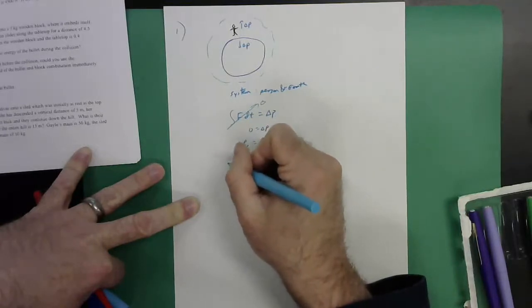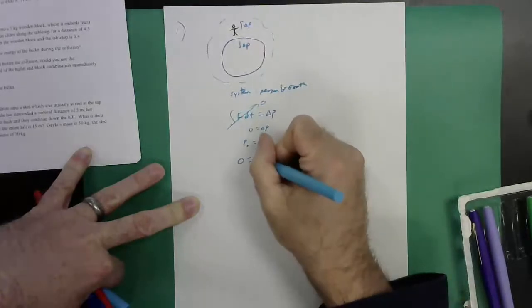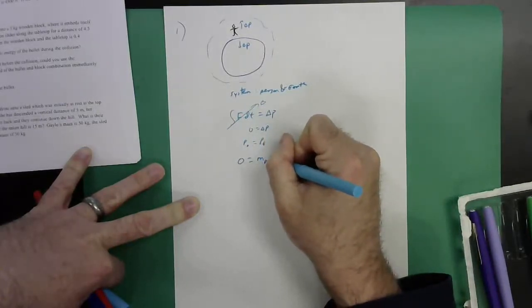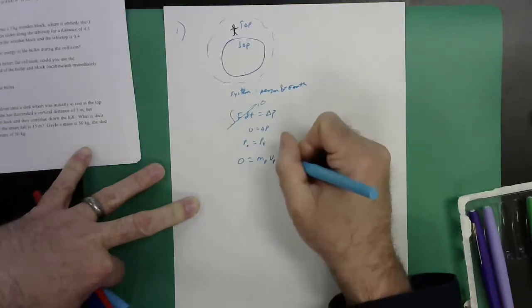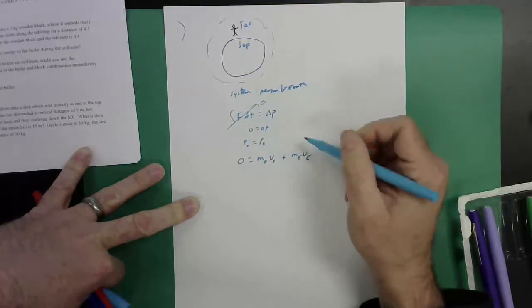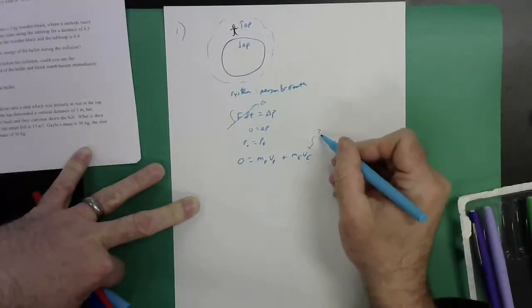At the start, the momentum is 0, everything's sitting still, and then you jump off. So there's going to be the mass of the person times the velocity of the person when they jump up, plus the mass of the Earth times the velocity of the Earth recoiling away from you. And this is what we're trying to find.